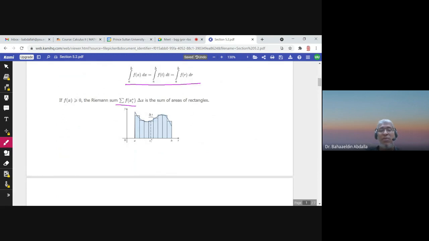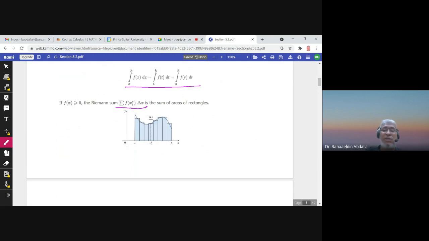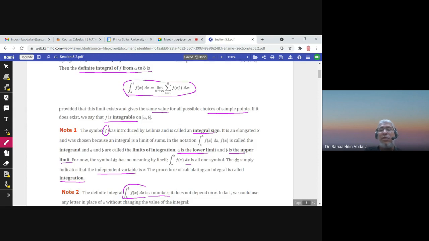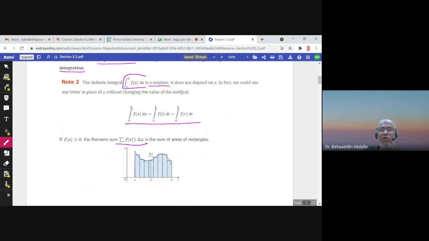This sum, which is inside here, is called the Riemann sum. The Riemann sum.